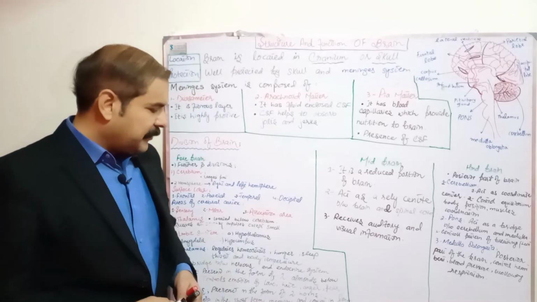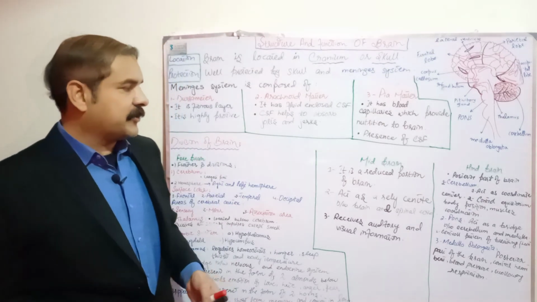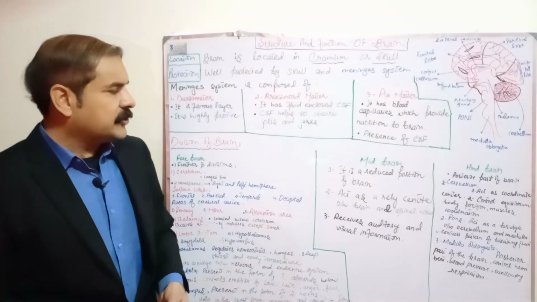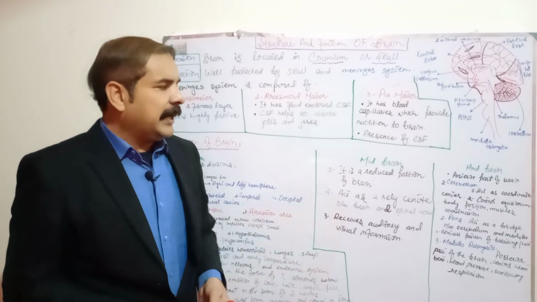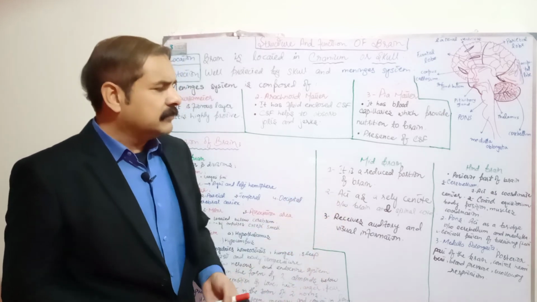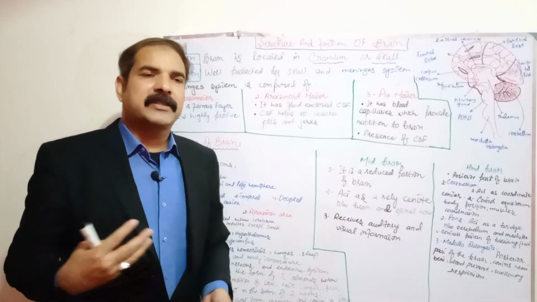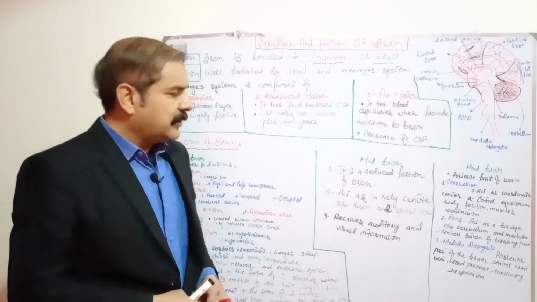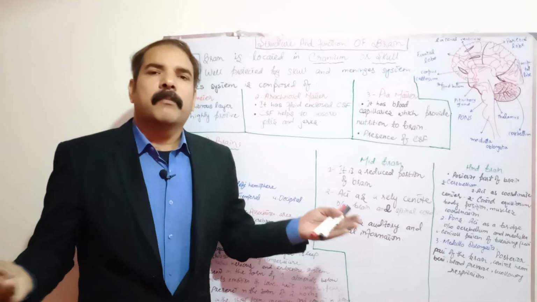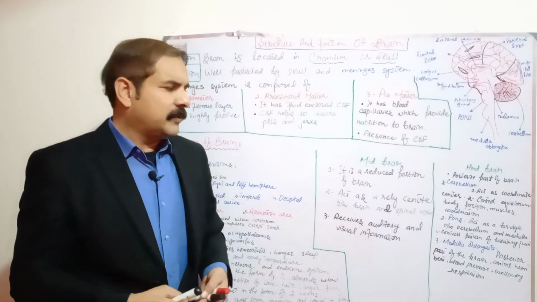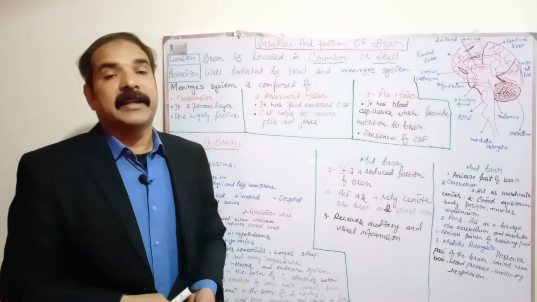The amygdala controls the moods of anger, fear, hate, etc. Midbrain, the reduced portion, controls auditory and visual information. The hindbrain contains the cerebellum, which controls your body position, your equilibrium, your movement. The pons controls the heartbeat pattern and the respiration pattern, while the medulla oblongata controls your heartbeat, blood pressure, swallowing, and respiration.